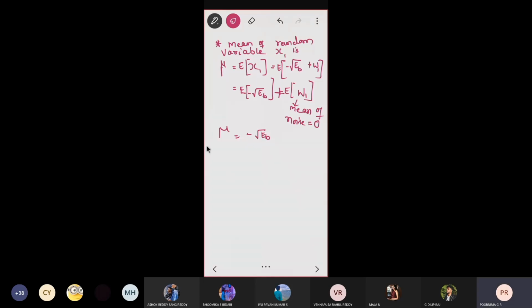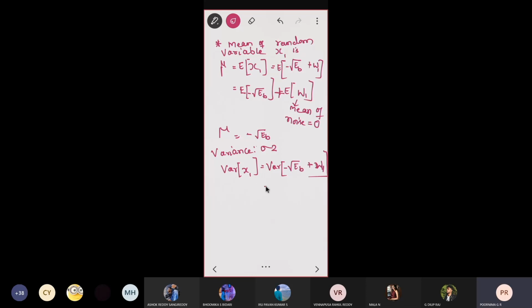Similarly, compute the variance. Variance is represented as sigma square. So we need to compute the variance of x1. The x1 value we have already computed for symbol 0 transmission is minus root Eb plus W1.